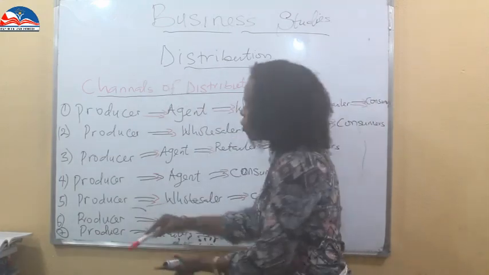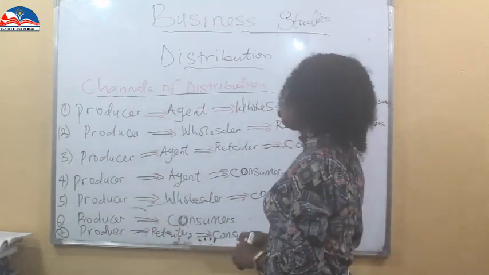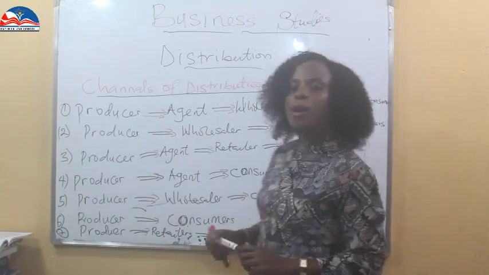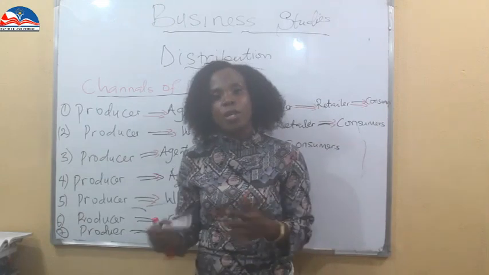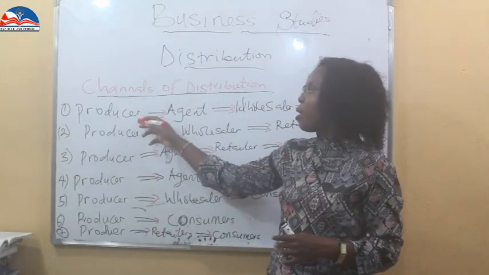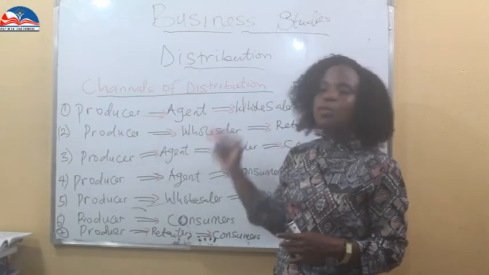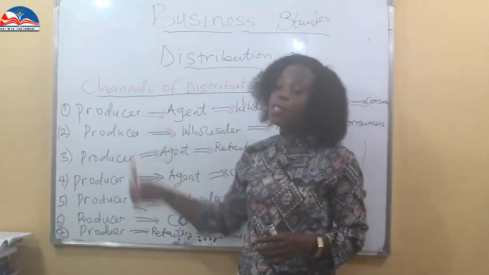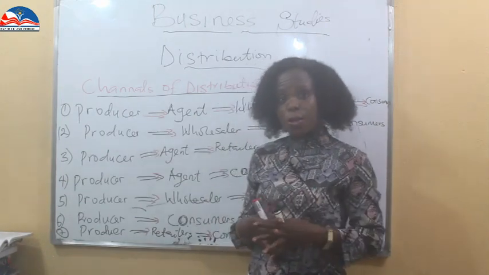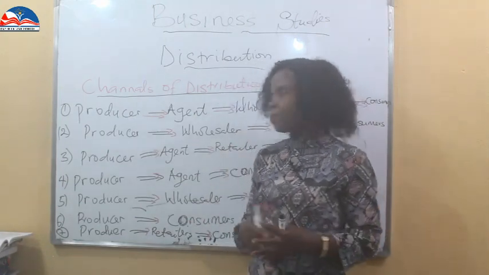So we have 7 channels of distribution. I'm still going to use the diagram to talk about the functions of the members belonging to these chains. The producer is the one who gets the raw materials, makes produce, puts it out for sale.